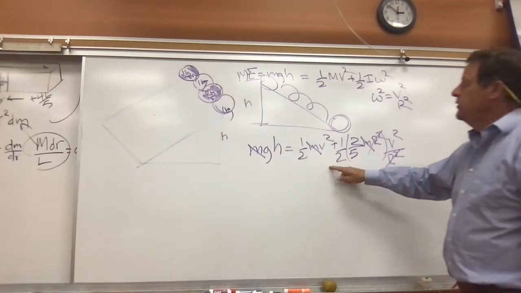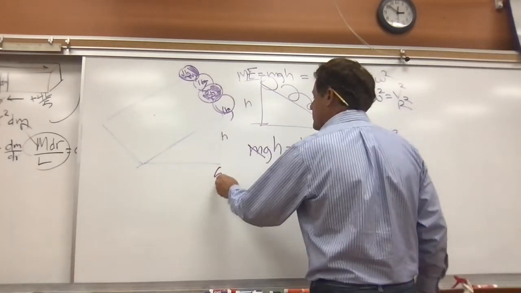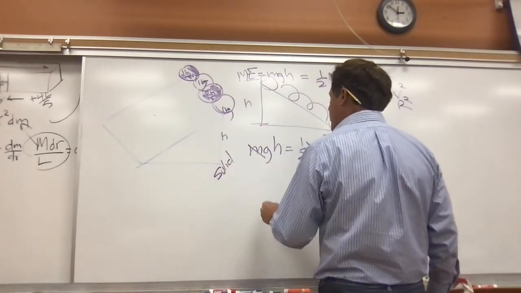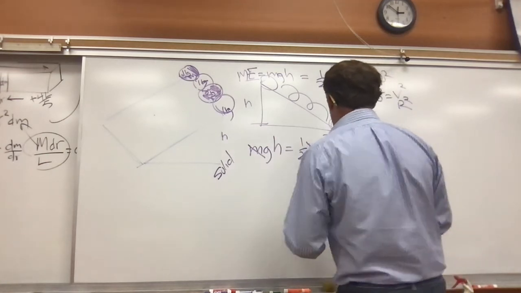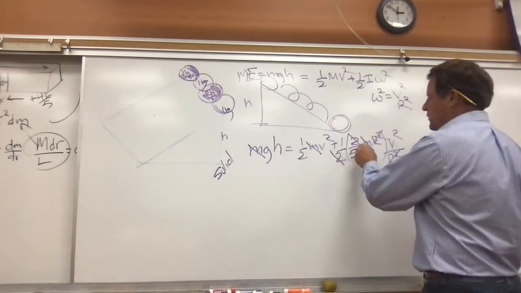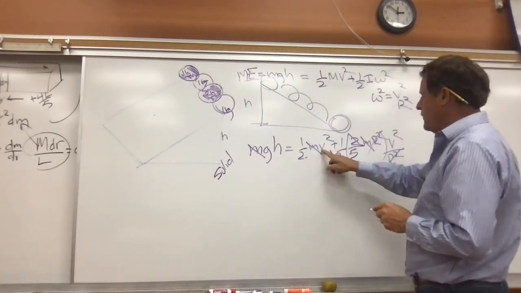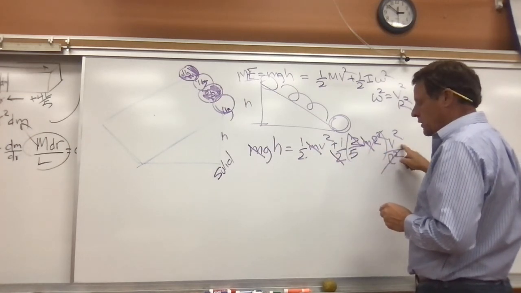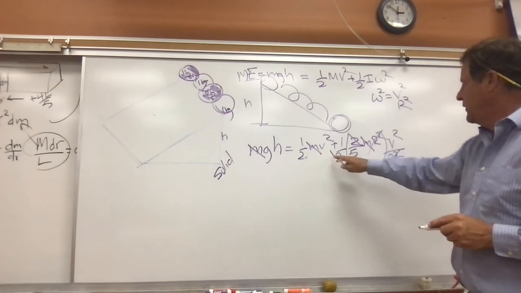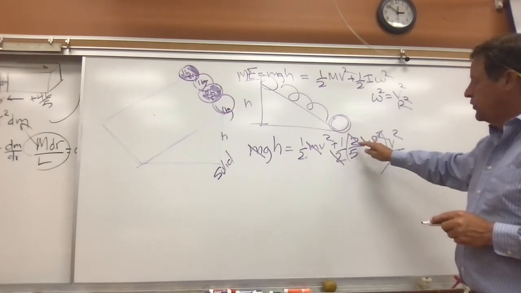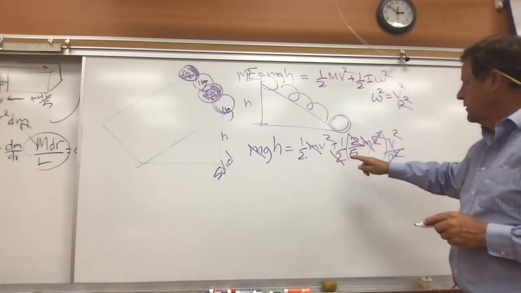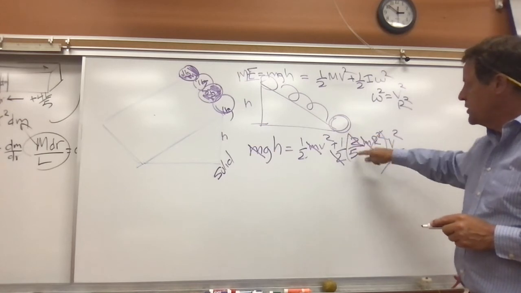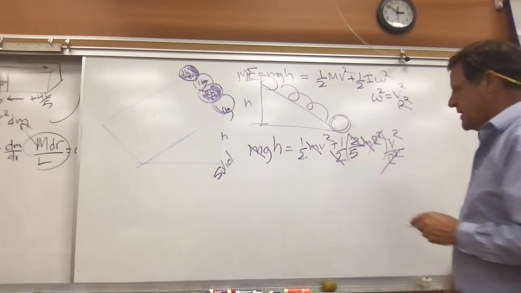Now for the case of the solid sphere, we're going to have 1/2 v squared plus 1/5 v squared. 1/2 is 5/10 plus 2/10 is 7/10.